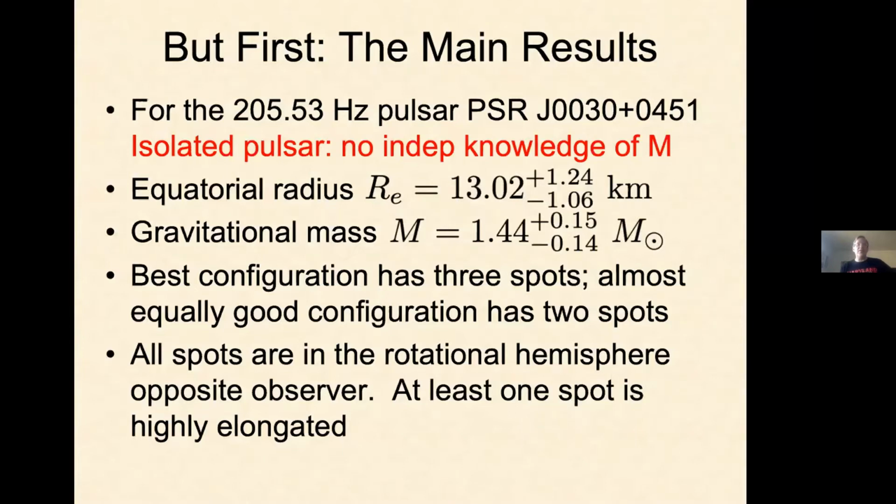We hope this means they're not social distancing from us. We think that this is because of the complex evolution of a magnetic pattern of a millisecond pulsar. In addition, at least one spot is highly elongated, meaning that this is definitely not circular.